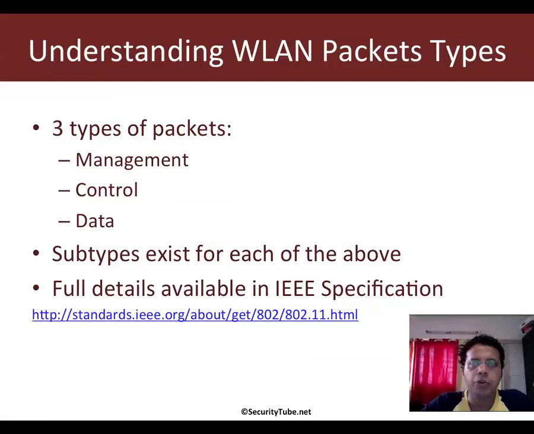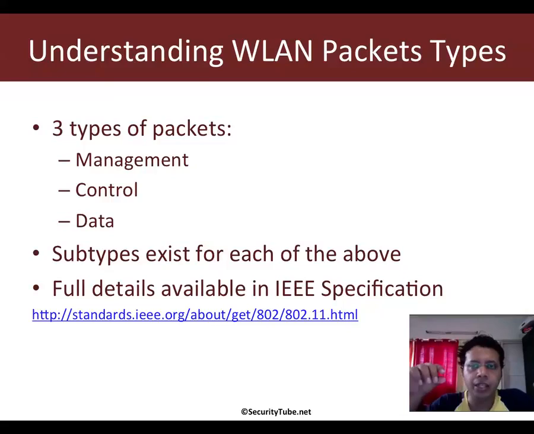Now, before we begin, it's important to understand WLAN packets. Let me draw a quick analogy. If you remember the wired side, LAN, then what you typically have is the Ethernet frame, and inside that you would have IP, within which you could have either TCP or UDP, and then of course application layers would follow, right?